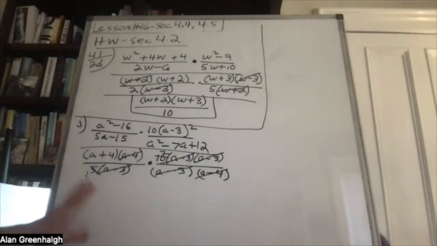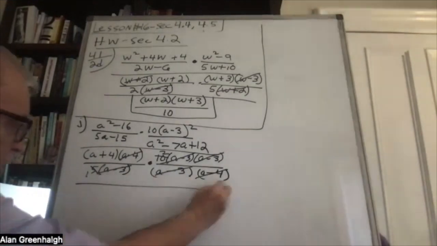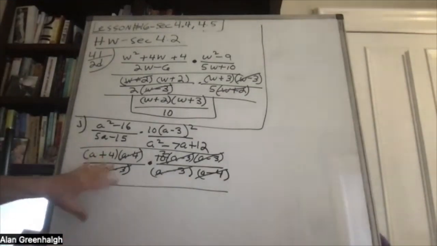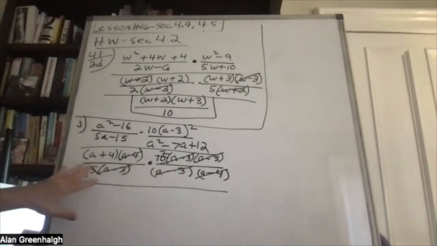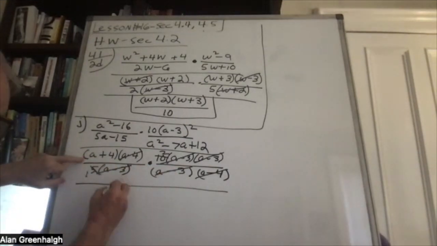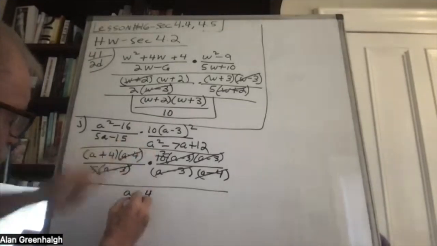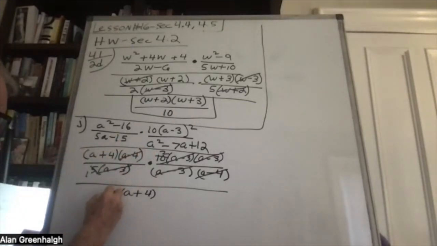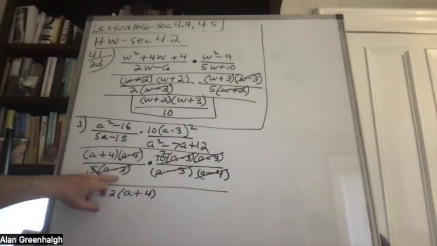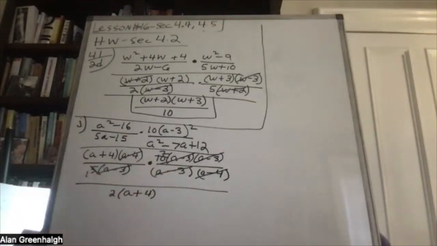Now I think the most difficult part of the problem is just making sure that you don't lose anything along the way. So you have an a plus 4. You have a 2. And that's it. There's no denominator. I mean, there's a denominator of 1, right? But that's it. This is the answer to the question.